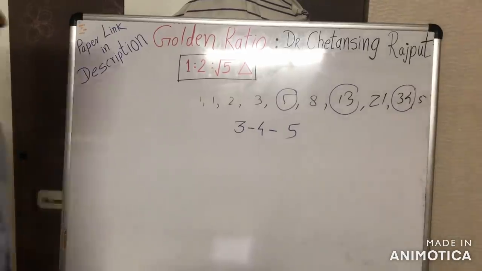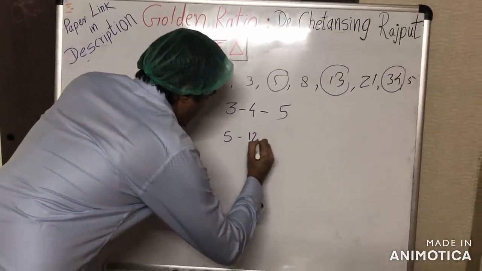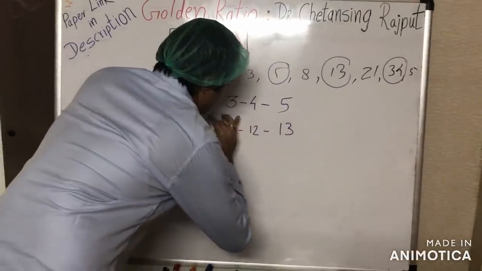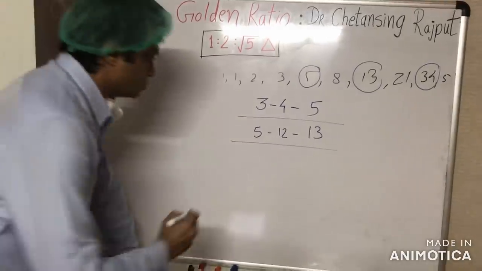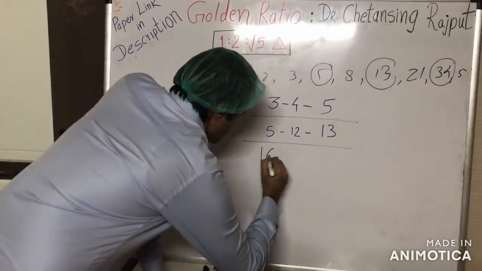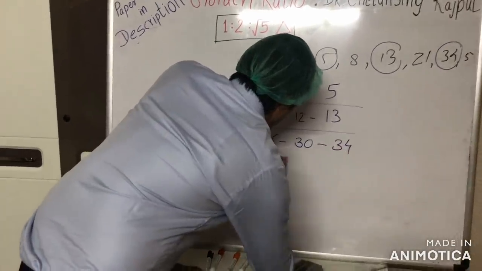Another such triple is 5, 12, 13. Another such Pythagorean triple is 16, 30, 34.